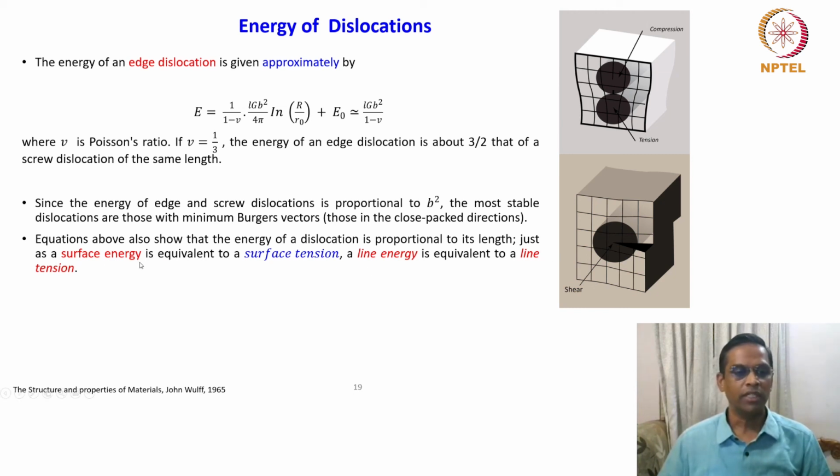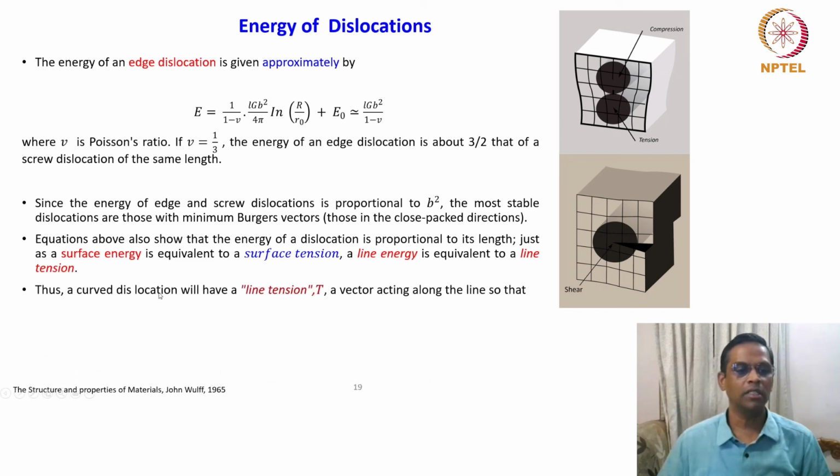Just as the surface energy is equivalent to surface tension, a line energy is equivalent to line tension. This is an analogy. Thus, a curved dislocation will have a line tension T, a vector acting along the line. So we can write it like this: T is equal to the rate of change of energy, or change of energy per unit length, which is equal to G B square.